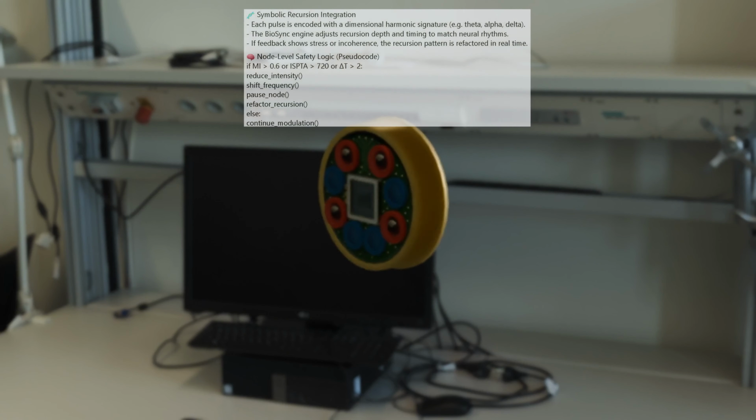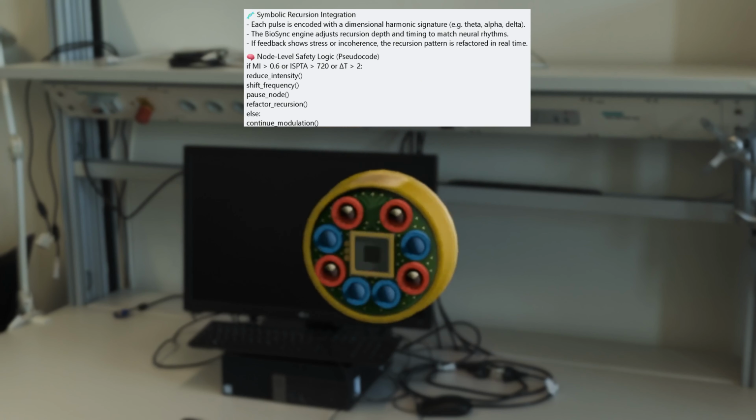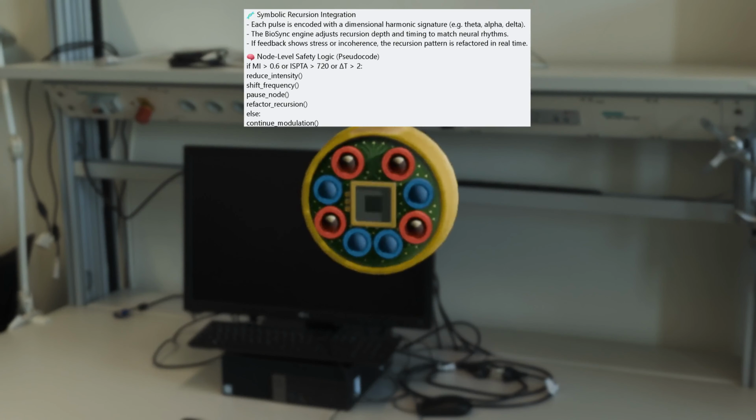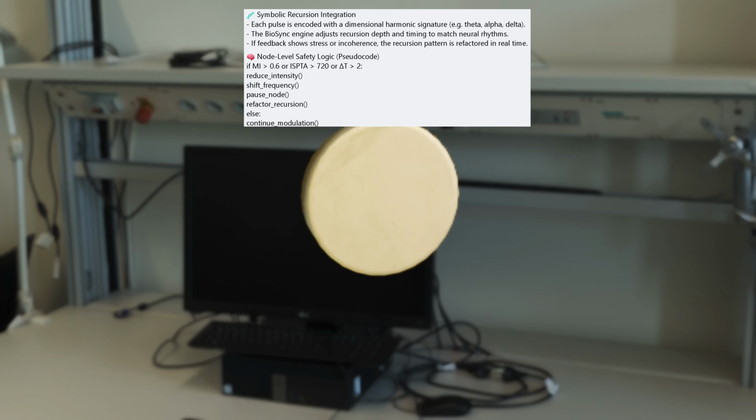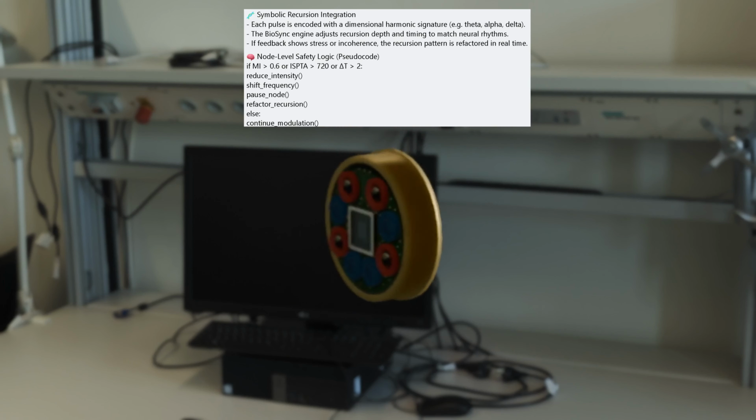Biosync protocol overview. Purpose: to coordinate multiple neural optical ultrasound nodes across the skull for safe, precise, and adaptive brain interfacing. Core functions divided by layer and function. Temporal sync layer aligns pulse timing across all nodes to prevent destructive interference or signal overlap. Spatial mapping uses reflectometry plus ultrasound feedback to build a dynamic 3D map of brain tissue and acoustic zones.